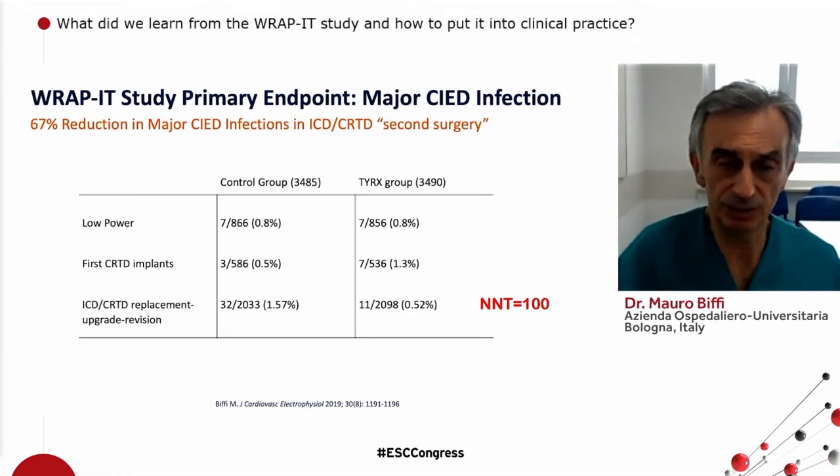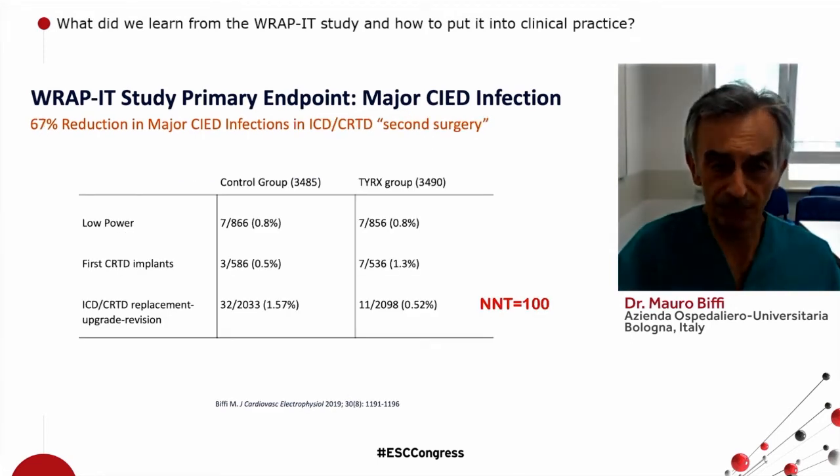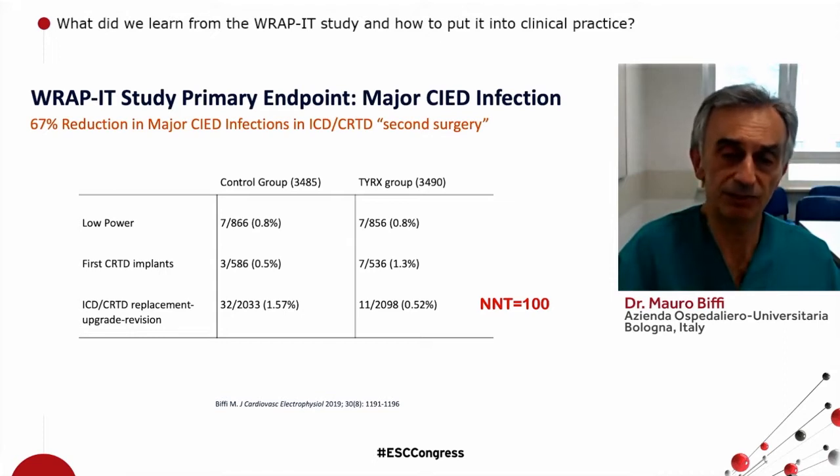Diving deeper into the data, not only pacemakers had little benefit, but also first CRTD implants had little benefit from a prolonged prophylactic strategy via the envelope. The greater advantage was observed in ICD-CRTD replacement or upgrade or revisions.